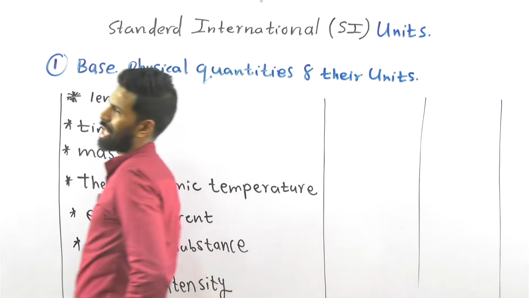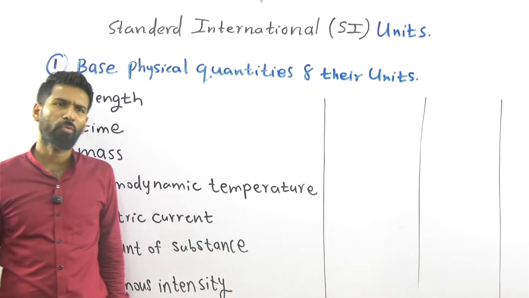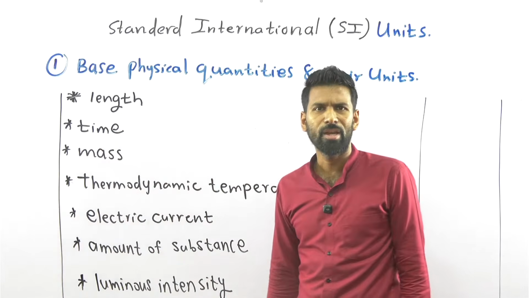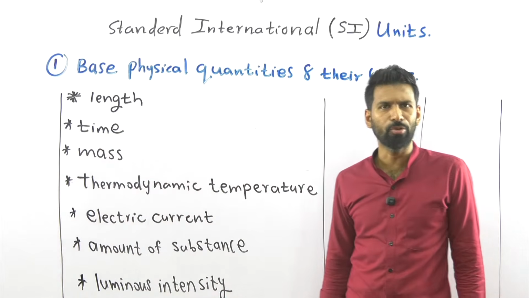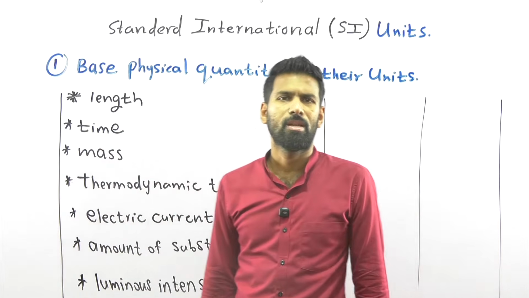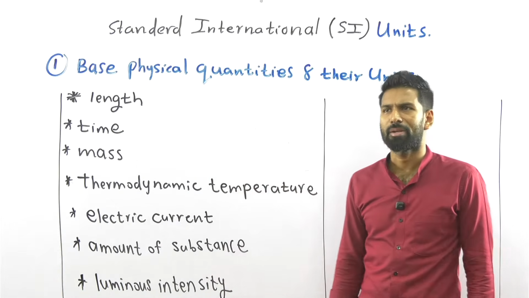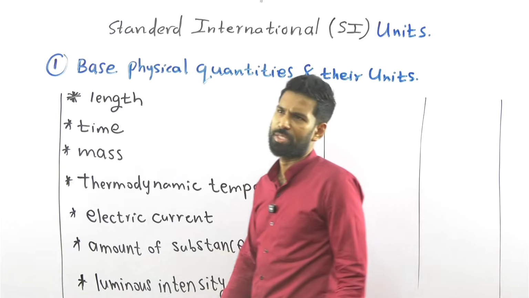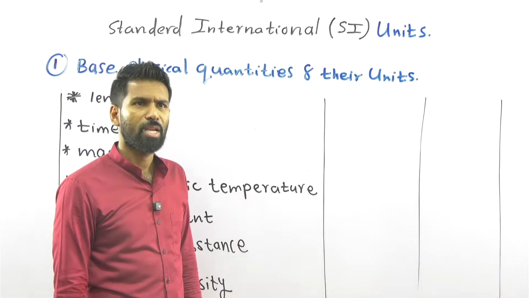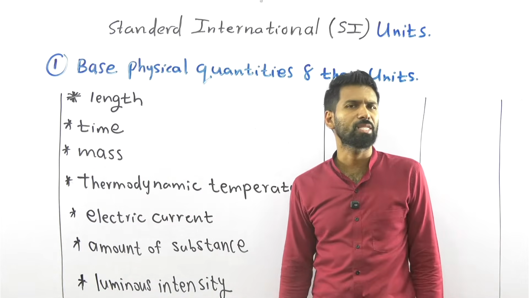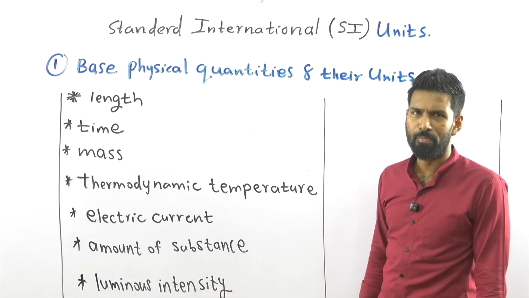In SI units, the core of this first unit is to understand the SI unit system. Why? It gives us a good foundation to do our physics. Earlier, physics was done mostly in the CGS unit system, but now it's based on the SI unit system. In the SI unit system, there are many subcategories. Among them, the first is base physical quantities and base units.